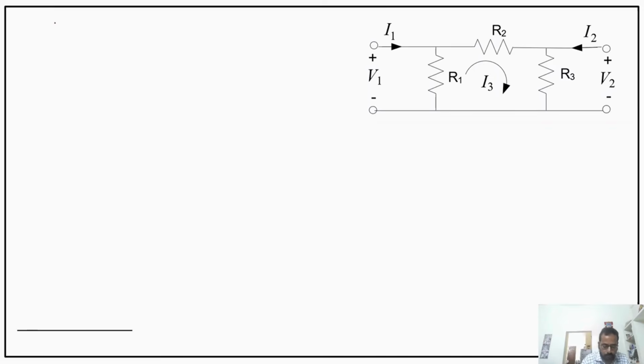So in case 2, what we are trying to make? I1 equal to 0. So in this case, let us assume this is I2. Now applying the mesh analysis equation here, it is V2 equal to, we are getting I2 R3 plus I3 R3.